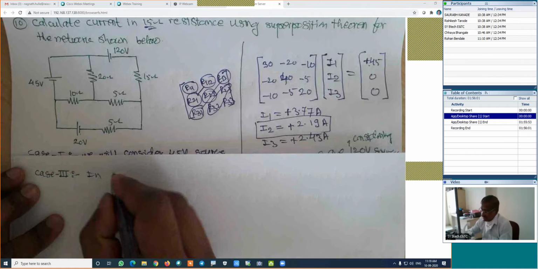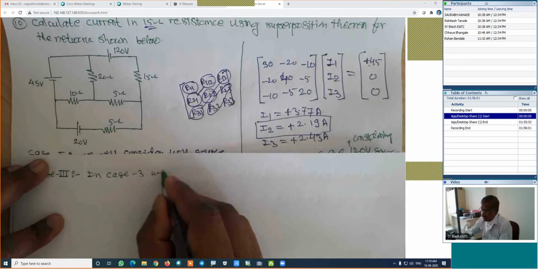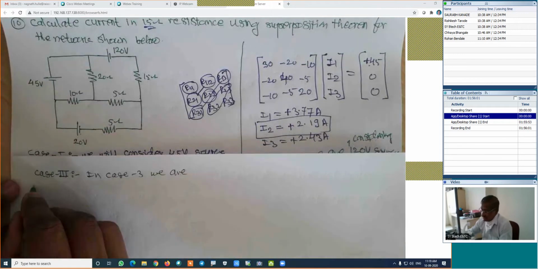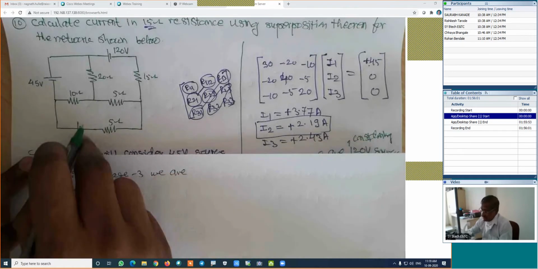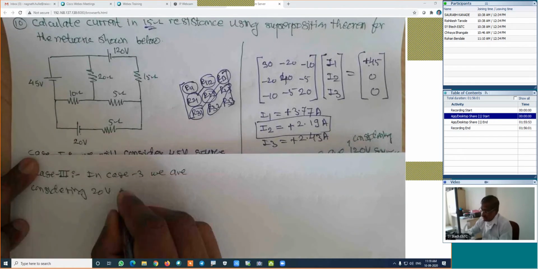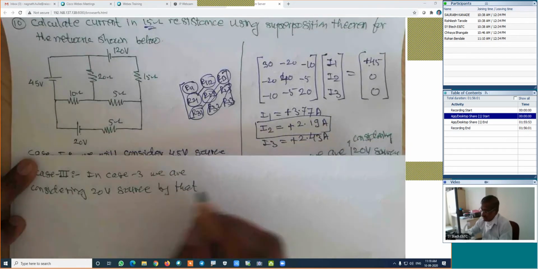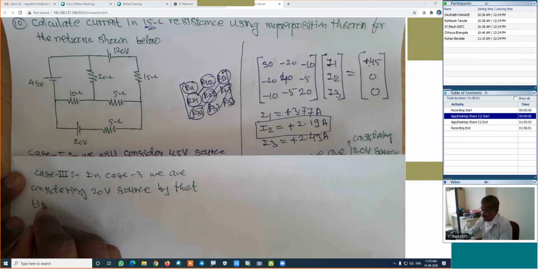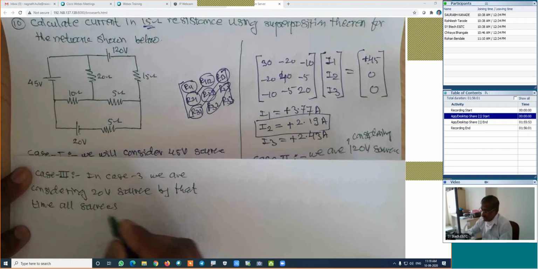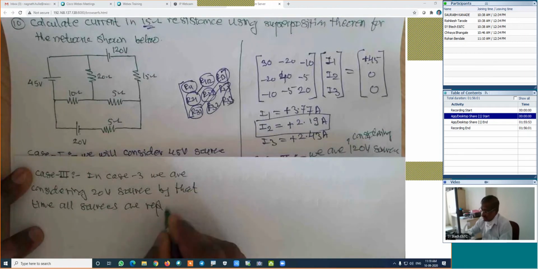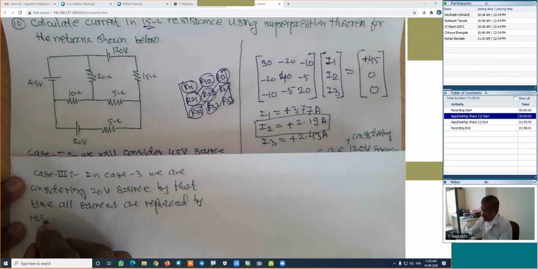In case 3, we are considering this 20 volt source. By that time, all sources are replaced by respective internal resistances.